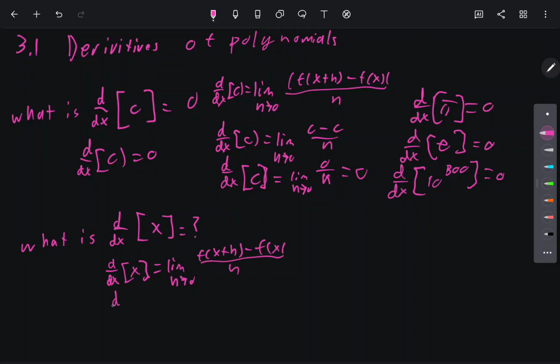In this case, our f of x is x, so we get x plus h minus x all over h. Our x's cancel, our h's cancel, and that just leaves us with 1. The limit as h approaches 0 is just 1. So the derivative of a line is just 1.